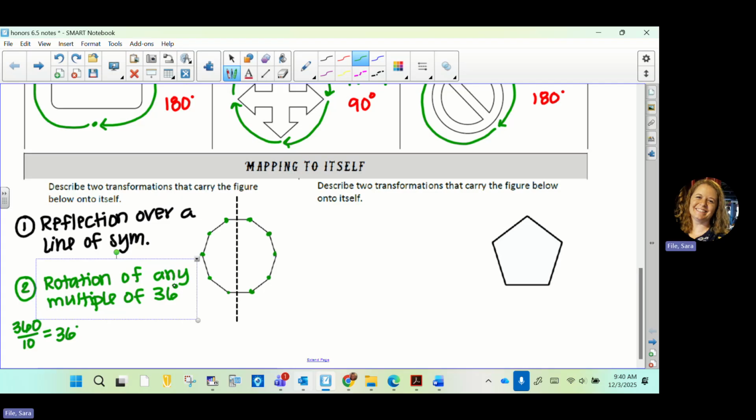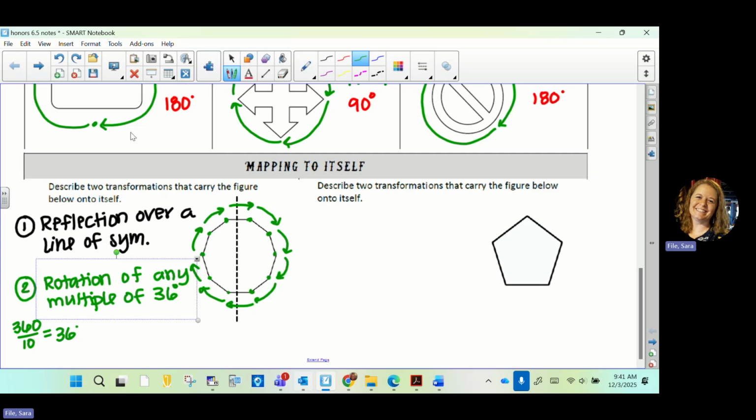No, because let's see. If I use one of these points to look at my rotation, I would have to go 1, 2, 3, 4, 5, 6, 7, 8, 9, 10. So there's only an order 10, so it's only 36 degrees.